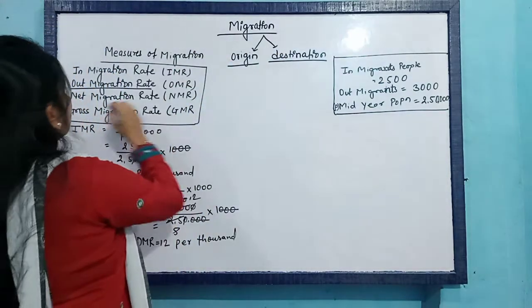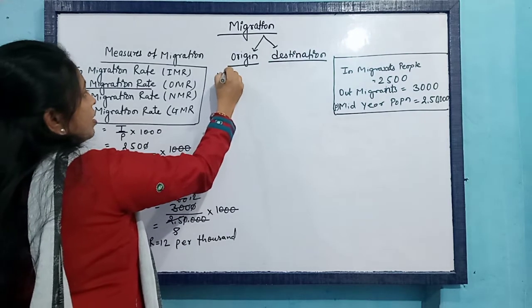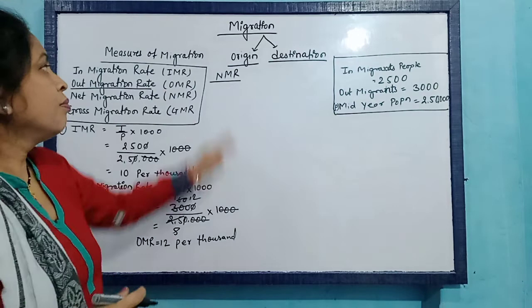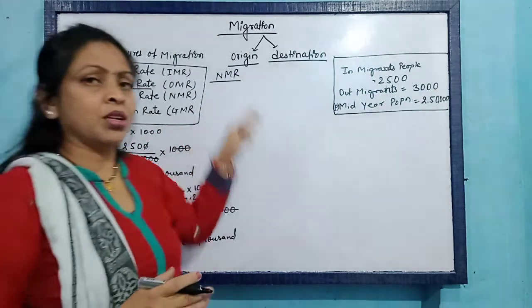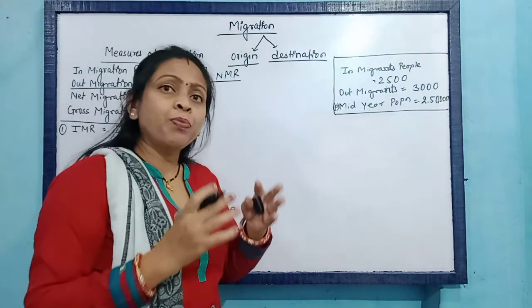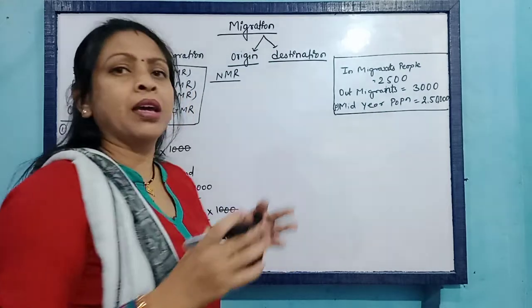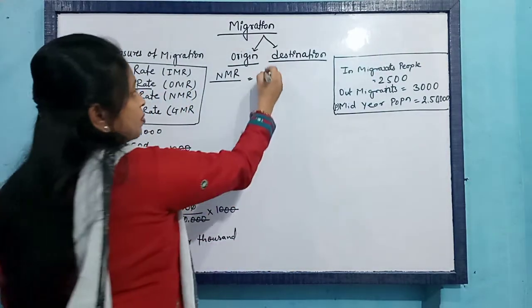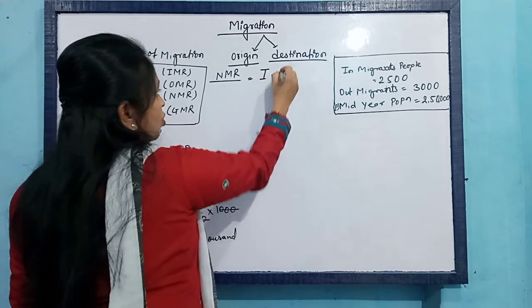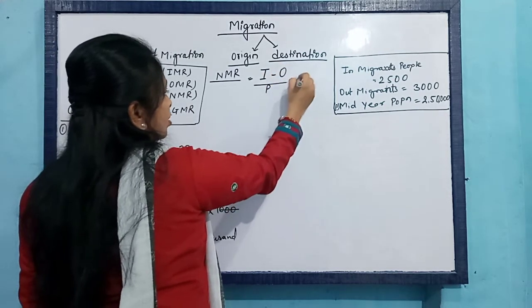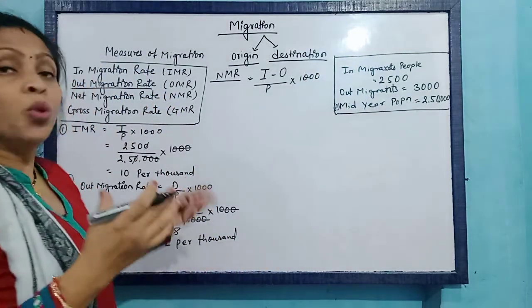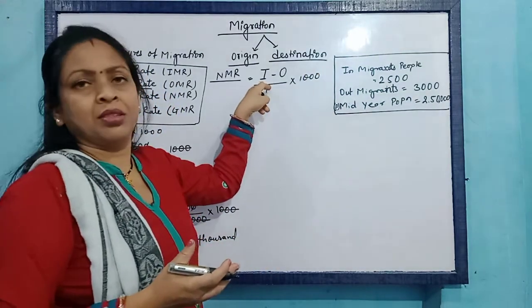And another is the net migration rate, NMR. Students, this is a little bit different, because net migration means the actual people who are migrants. It is calculated by I minus O by P into 1000. How many more people immigrate?